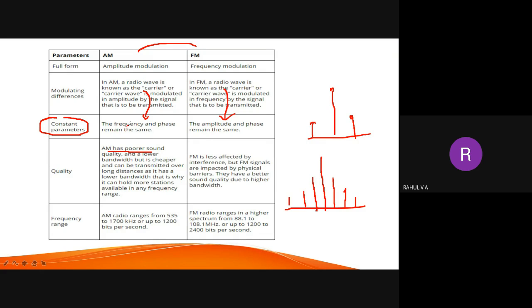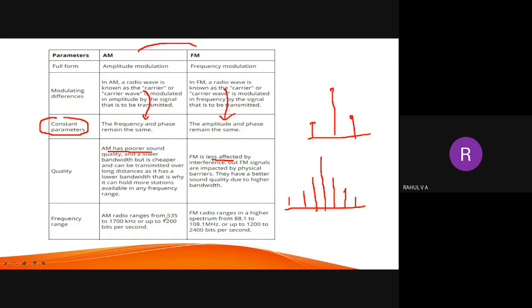Both are different; there will be a switch for converting into AM and FM. The sound signal of an amplitude modulated wave is very poor, but FM is somewhat good, and it is less affected by interference, etc. So based on the quality of sound, FM is better than amplitude modulation.